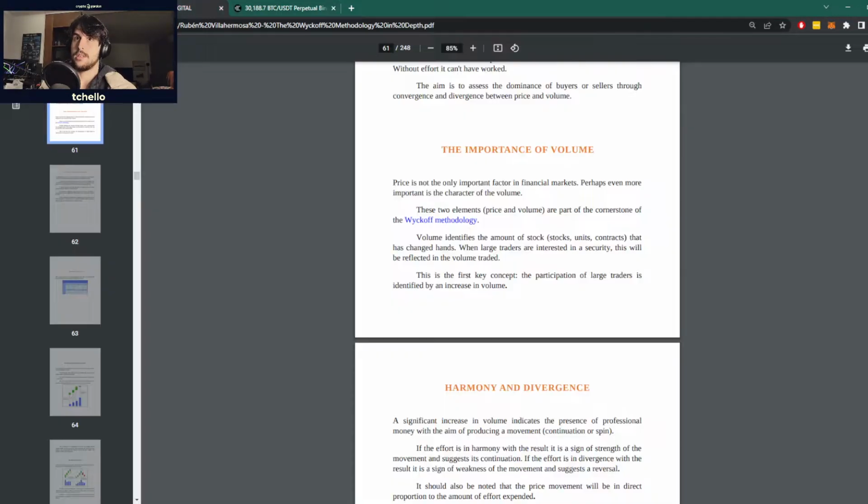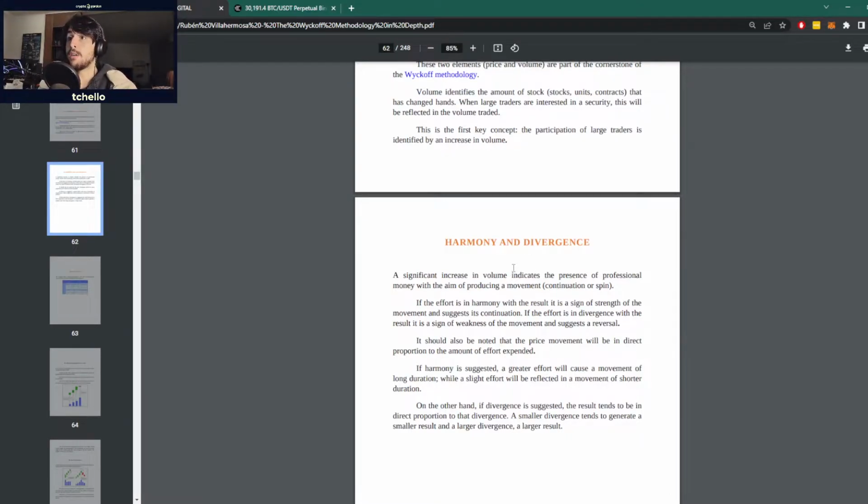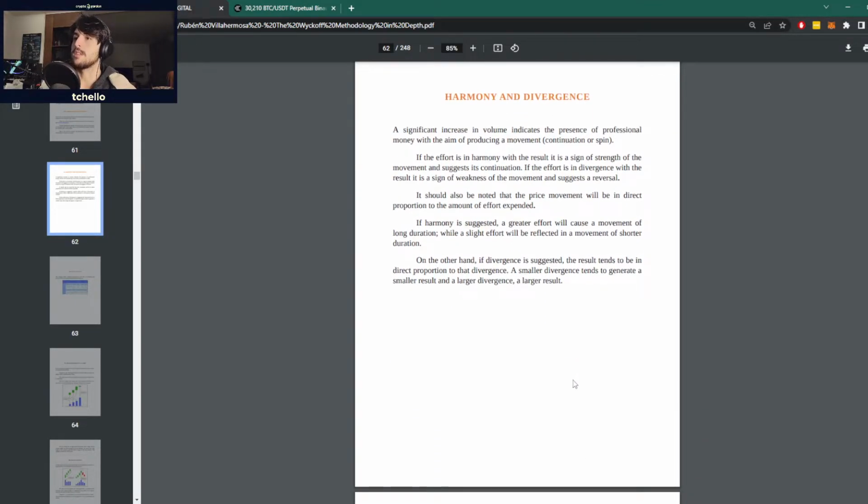Okay. Now, the most powerful thing about the volume is looking at harmony in volume and divergence in volume. And by this, I don't mean maybe if you're a little bit more into traditional technical analysis, things like RSI divergences, indicator divergences, right?